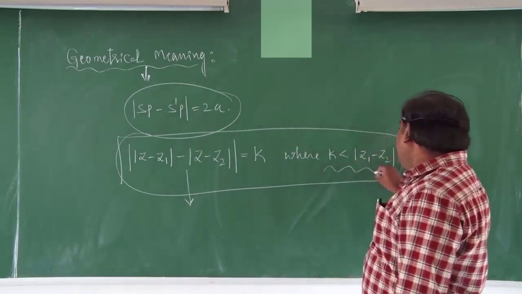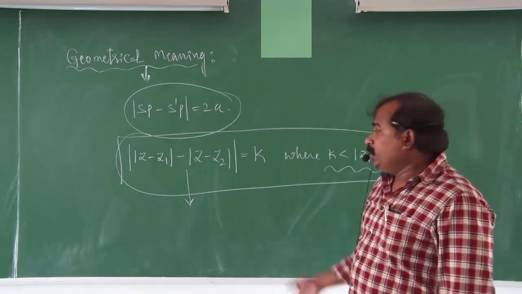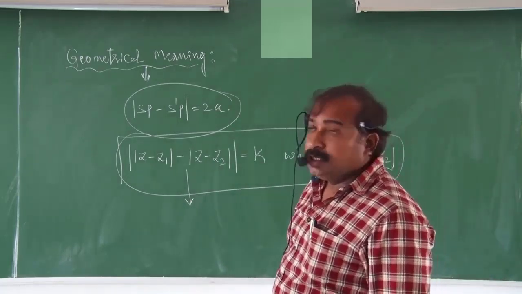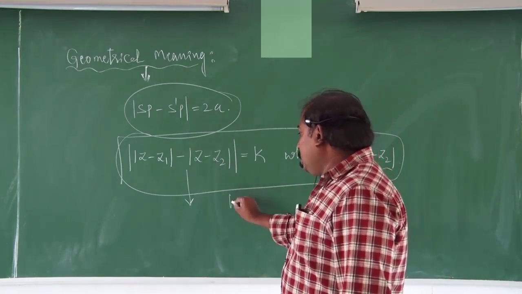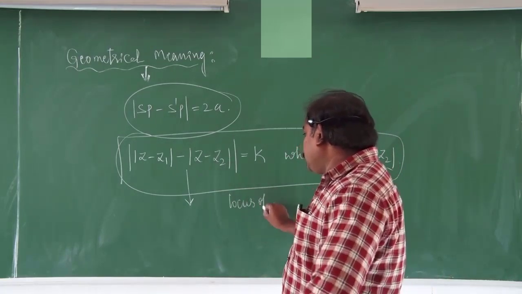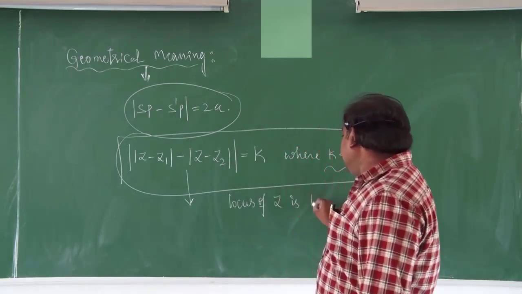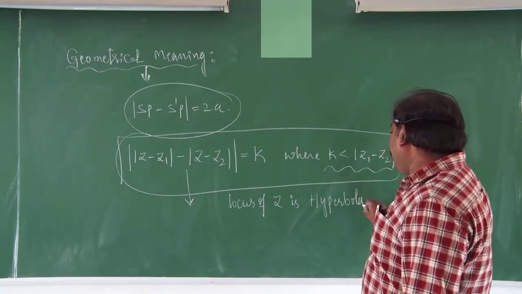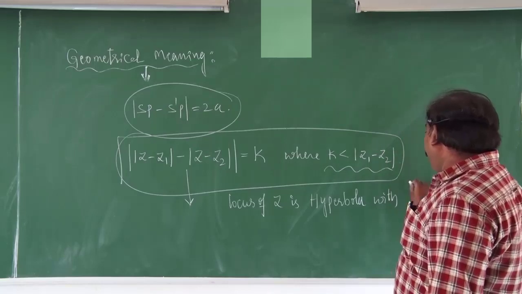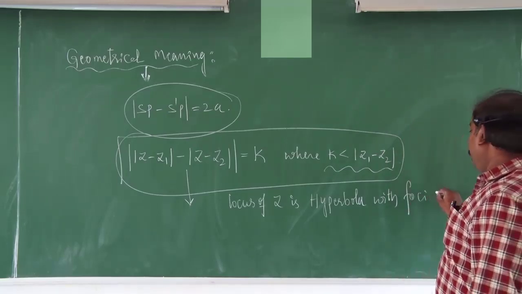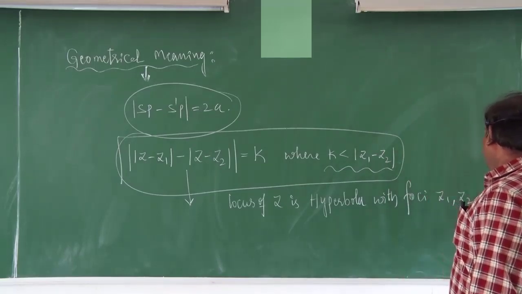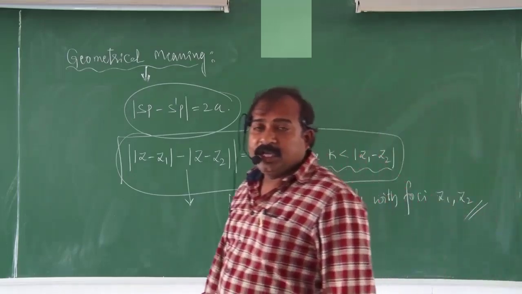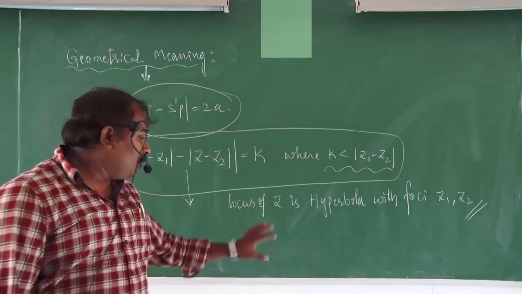Here the condition K less than modulus of Z1 minus Z2 indicates the hyperbola. So the locus of Z is a hyperbola with foci points Z1 comma Z2. This is the hyperbola equation in complex form.